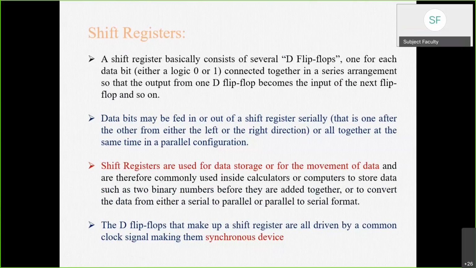Unlike what we have discussed so far, in an asynchronous counter, the output of the first flip-flop was the clock signal to the second flip-flop, and the output of the second was the clock signal to the third. This type of configuration is asynchronous. But in a shift register, we are applying the clock signal simultaneously. So a shift register is synchronous in nature, whereas asynchronous counters are obviously asynchronous in nature.